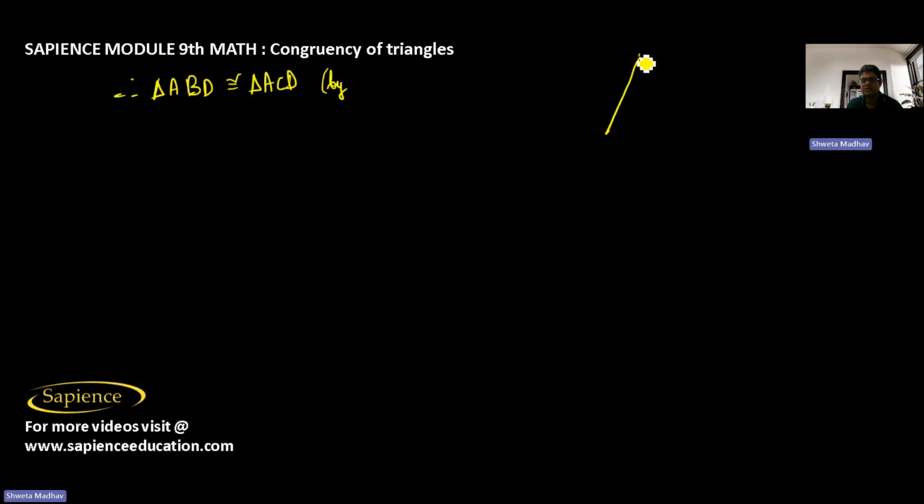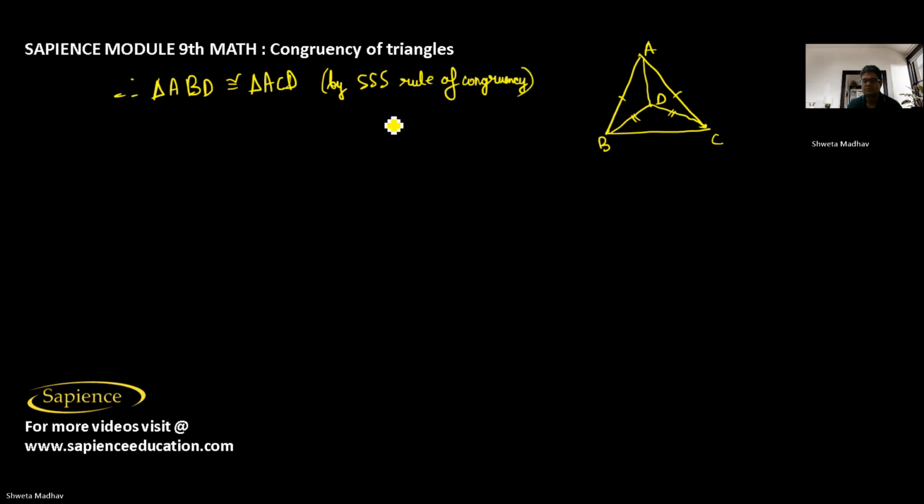Right. So the triangle we can draw again here. It is actually like this. AD and BC. These two are same. These two are also same. So ABD is congruent to triangle ACD by SSS rule of congruency. So therefore, I can say that angle BAD is equal to angle CAD by CPCT.